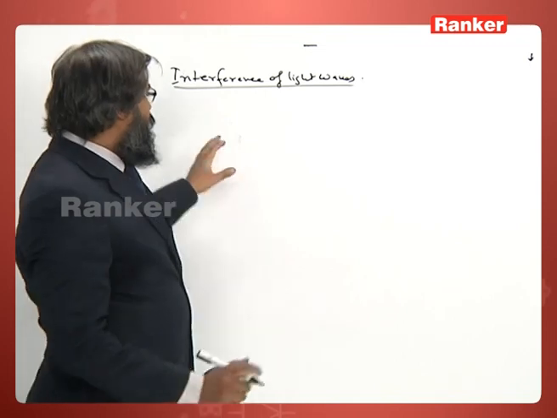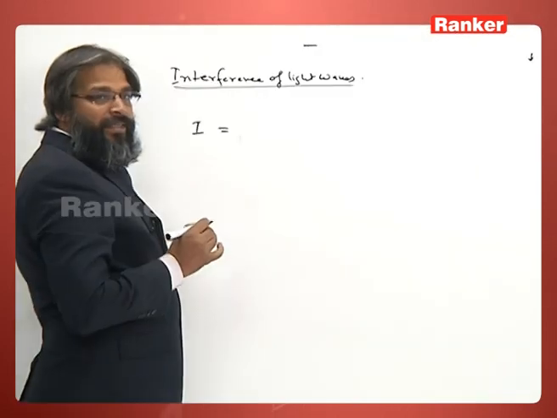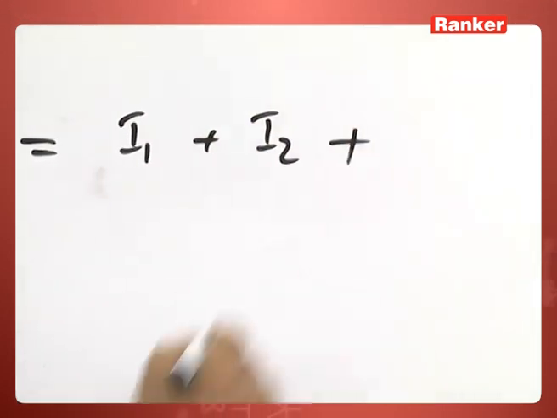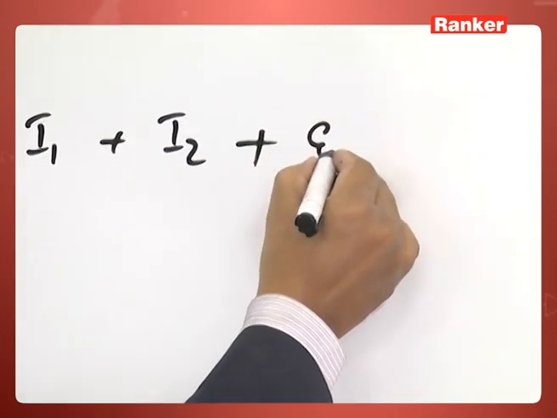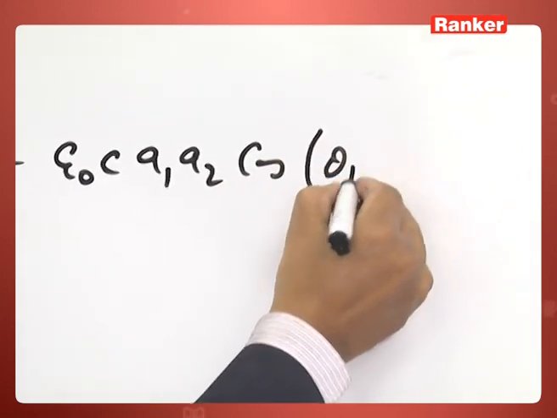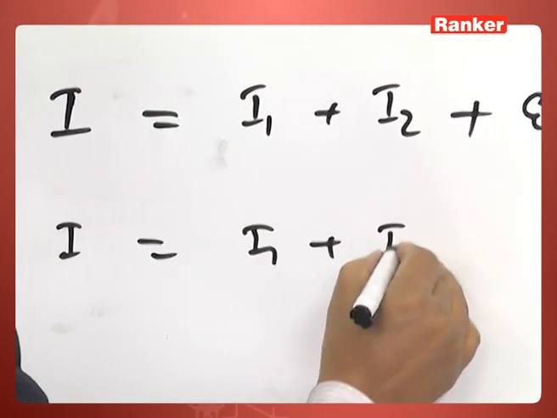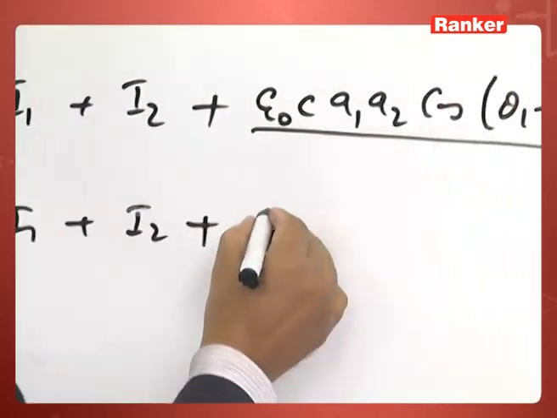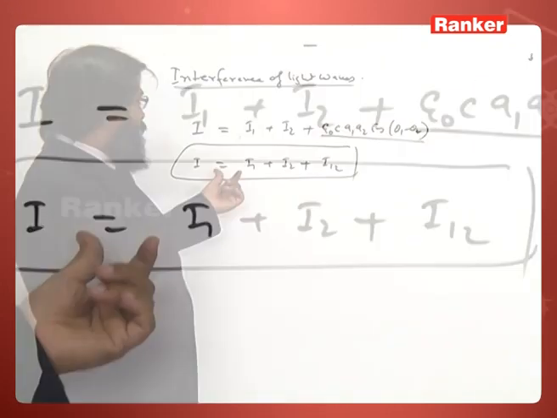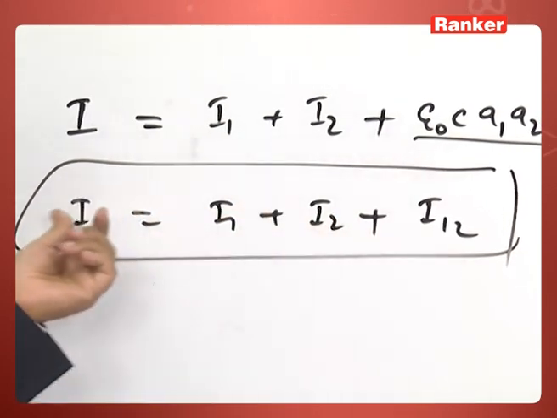Now let us see how the total intensity will depend on the initial phase difference. The total energy we got is I1 plus I2, plus another term epsilon naught C A1 A2 cos(theta 1 minus theta 2), which we write as I1 plus I2 plus I12. This is the interference energy. This is a time varying energy, that is, the instantaneous value.